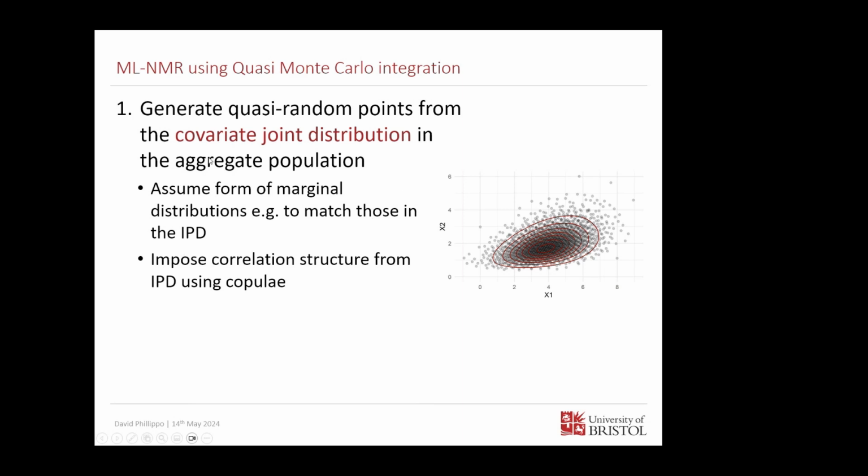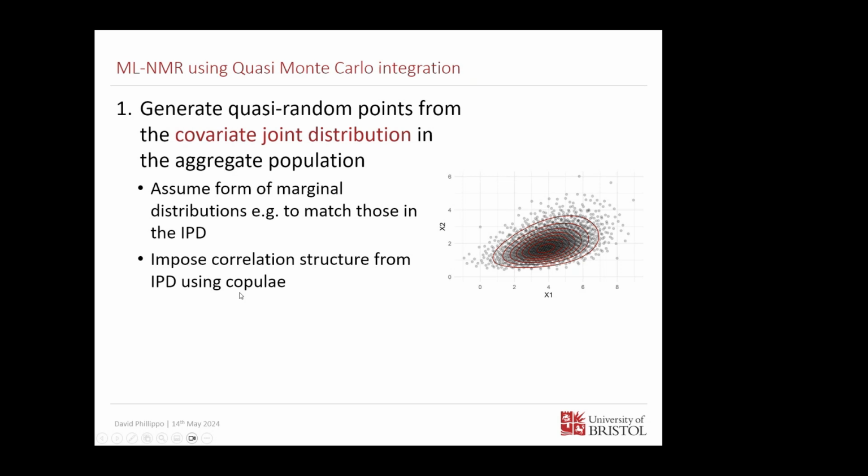So how do you get this full joint distribution? Well, essentially what we do is we just reconstruct it with some assumptions. So we can assume that the forms of these marginal distributions are the same as those in the IPD unless you have better ideas. So if a covariate was normal in the IPD, we assume it was still normal in the aggregate data. If it was log normal or gamma distributed, it's the same, etc.